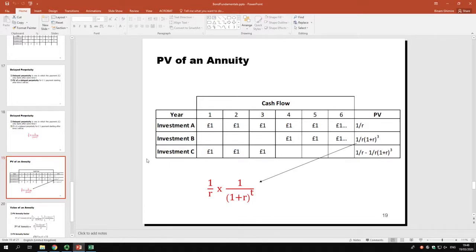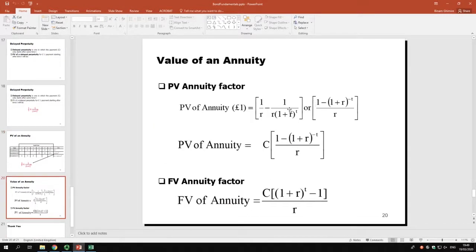Our interest is something like investment C, where the coupon is paid periodically at equally spaced intervals. How can we find the formula for C? The formula for investment A minus the formula for investment B gives you the formula for investment C, which is this one. In some textbooks you may find a formula like this or this or this.